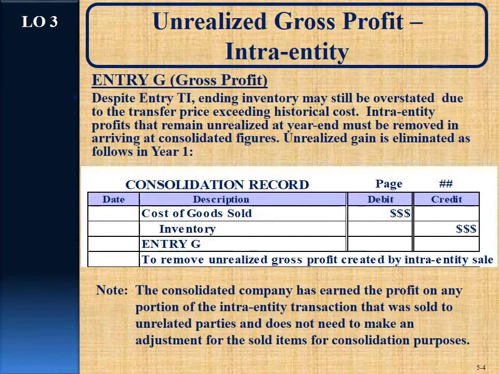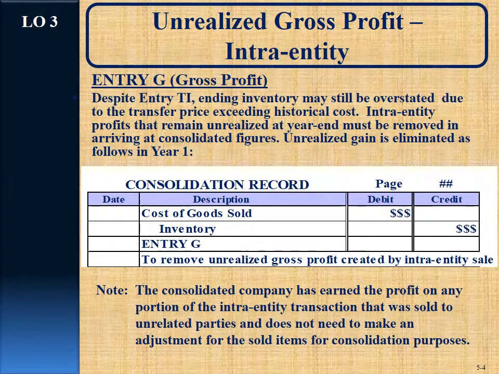Let's look at an example here. In the preceding illustration, Arlington acquired or produced this inventory at a cost of $50,000 and then sold it to Zirkin, an affiliated company, at the indicated $80,000 price. Now, remember the prior example, they made it for $80,000 and they sold it to the subsidiary for $80,000.